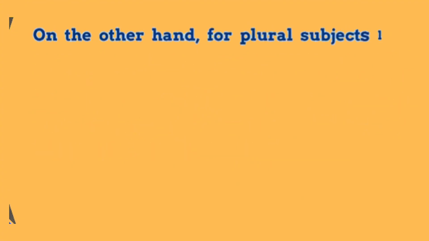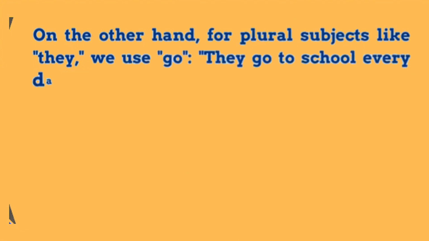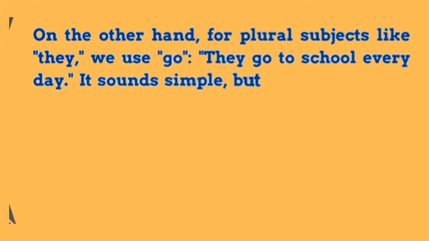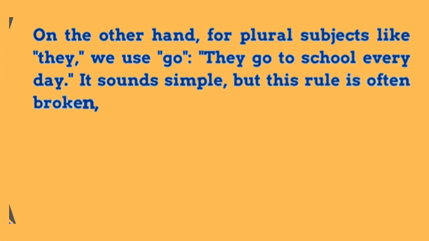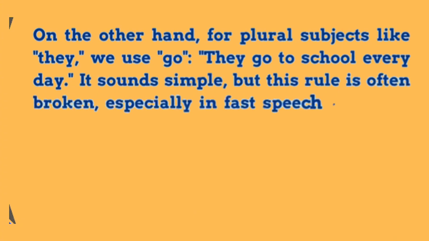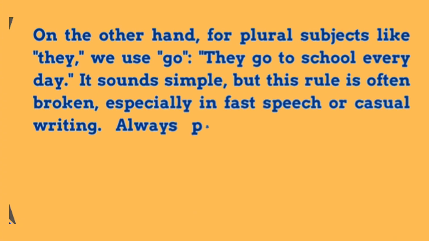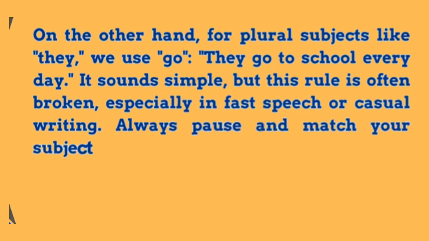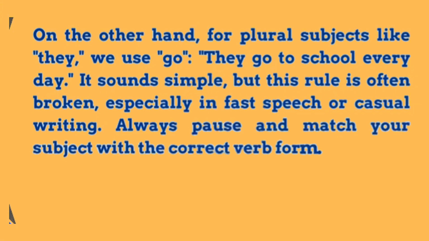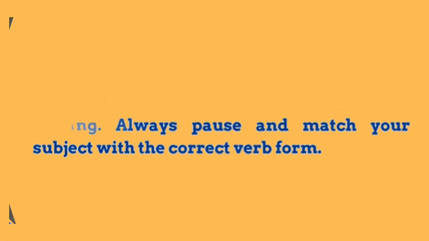On the other hand, for plural subjects like they, we use go. They go to school every day. It sounds simple, but this rule is often broken, especially in fast speech or casual writing. Always pause and match your subject with the correct verb form.